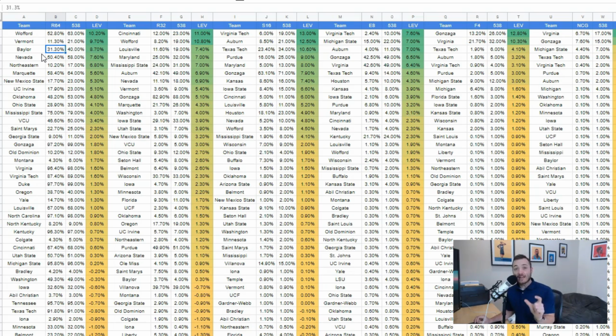So that is a 10% difference. So we are looking for the biggest differences in true probability of getting out of the round versus public perception. Okay, those are the leverage points. So for example, if you're playing in ESPN's Bracket Challenge, you are wrong to pick Duke to win the entire thing.